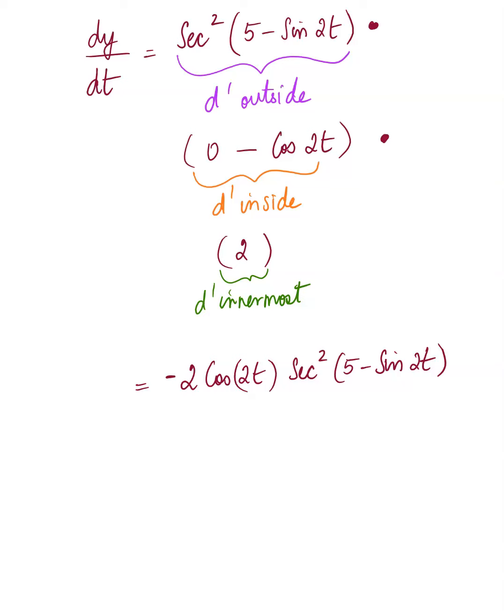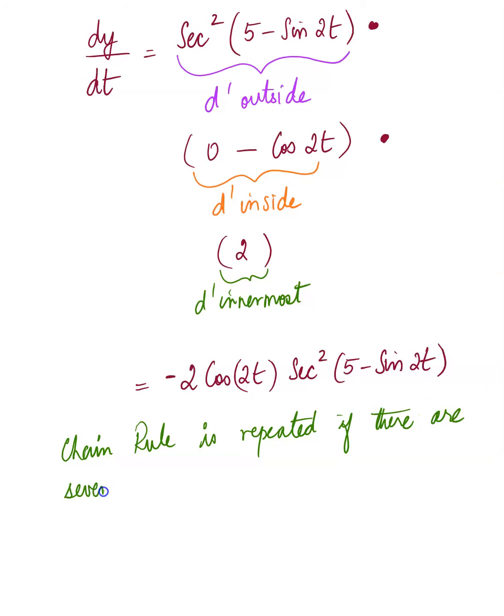So I just want to write that down here. Chain rule is repeated if there are several nested, you know what is nested, right? One inside the other. So several nested insides.